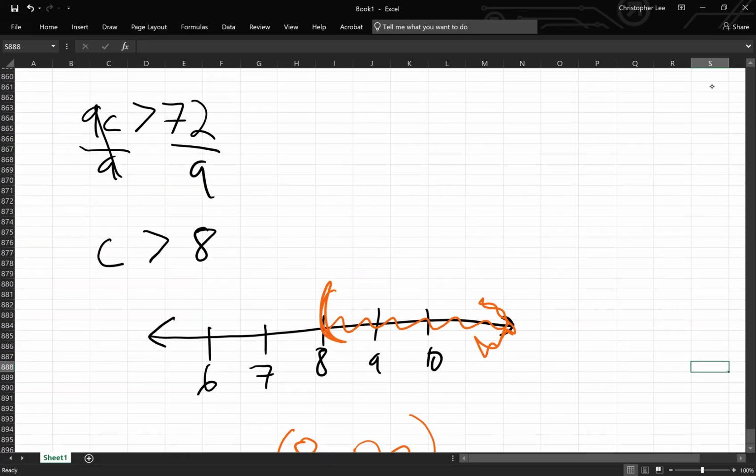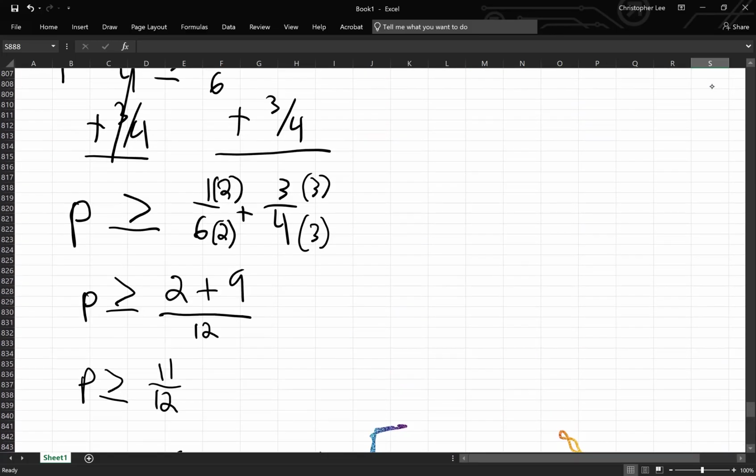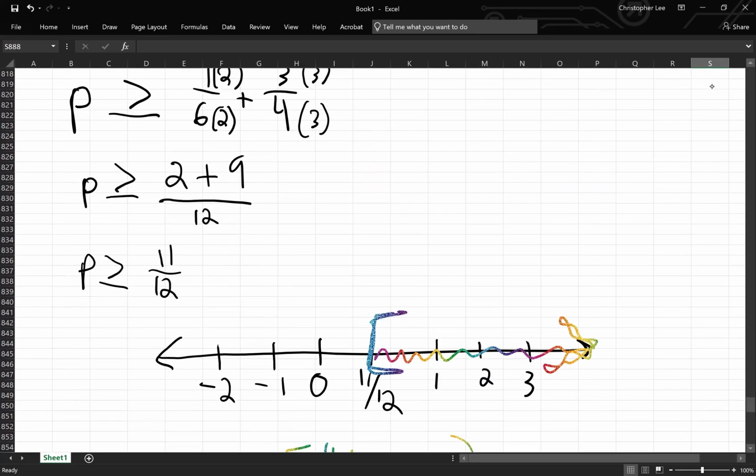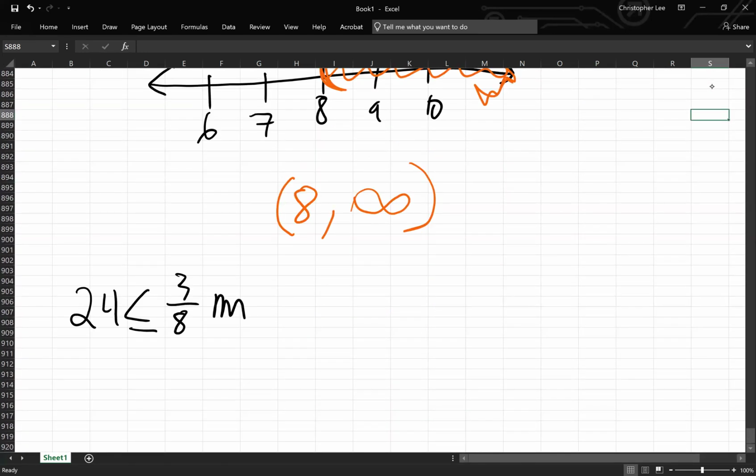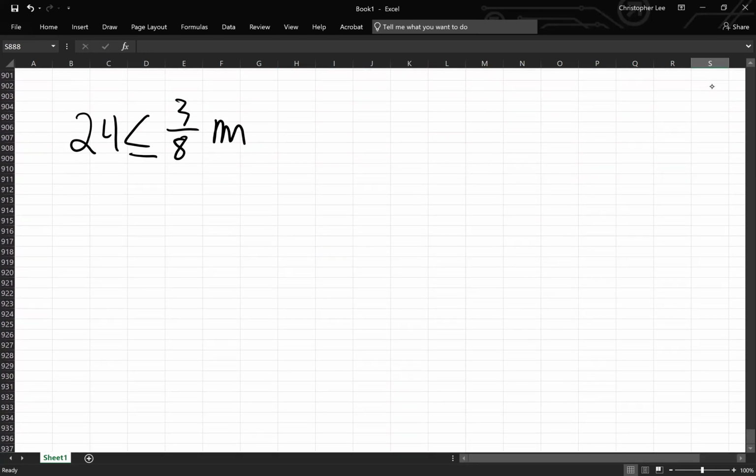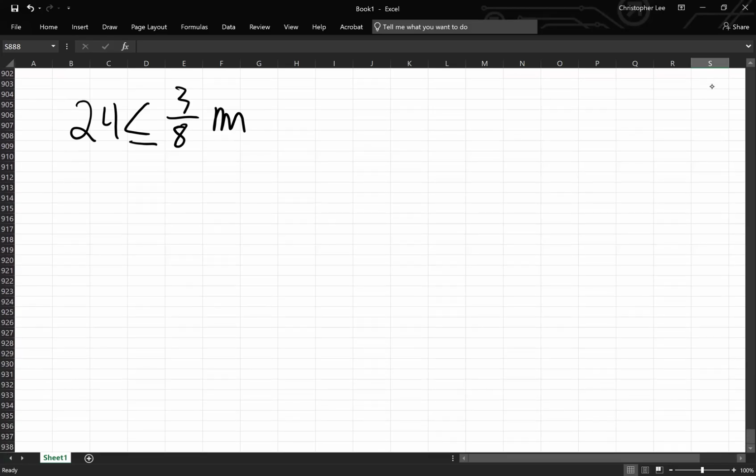All right. What should I do here? What do you guys think? Right. So it's being multiplied by the m, so I want to divide by it to get rid of it.